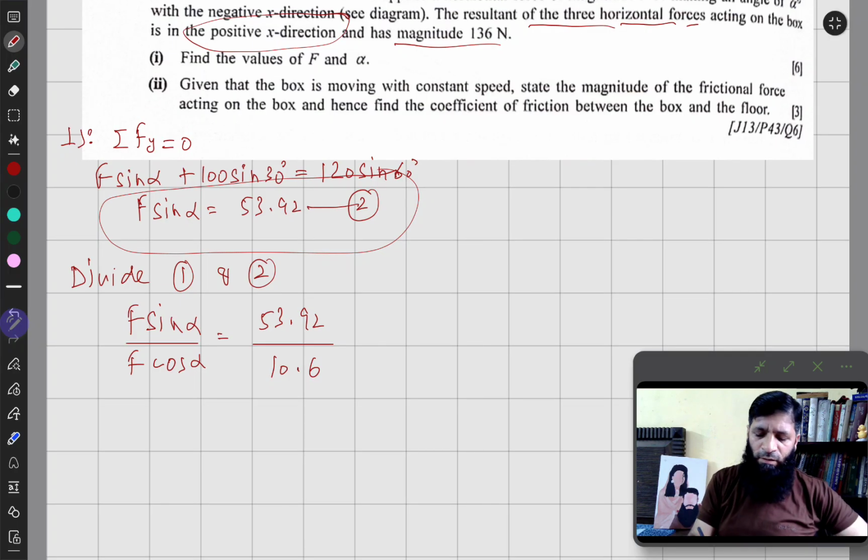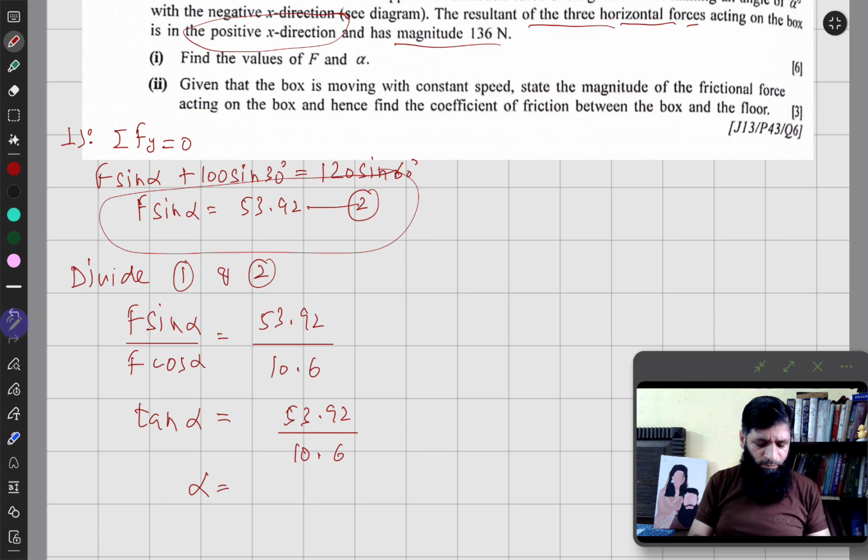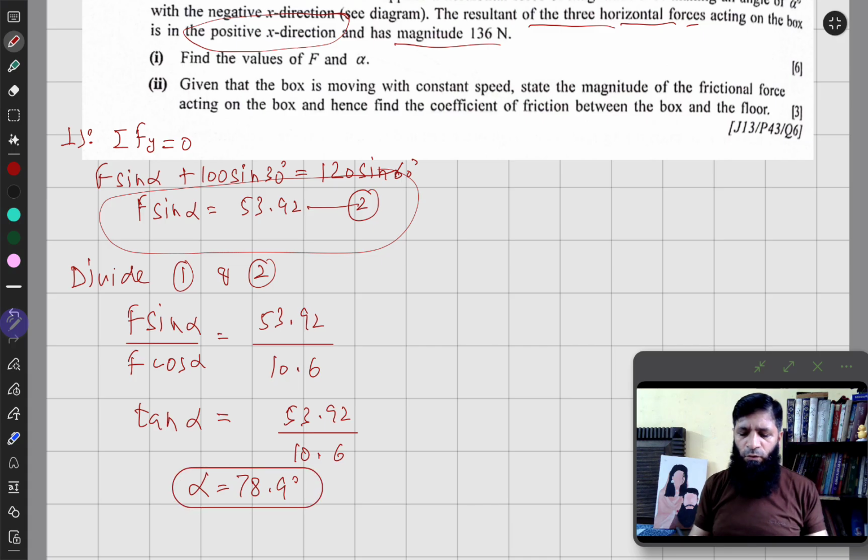So you will have tan alpha is equal to 53.92 divided by 10.6, and if you take tan inverse of this fraction, this will give you 78.9 degrees. This will be the value for alpha.